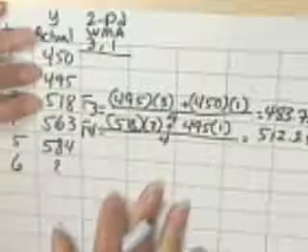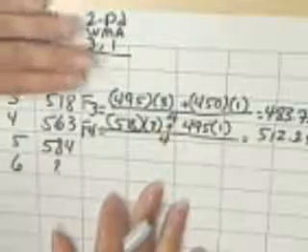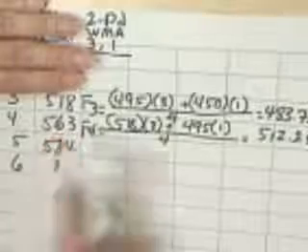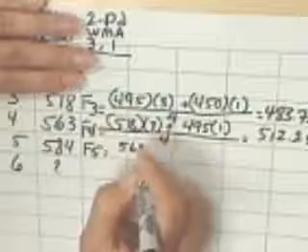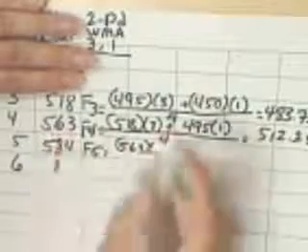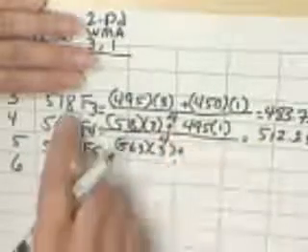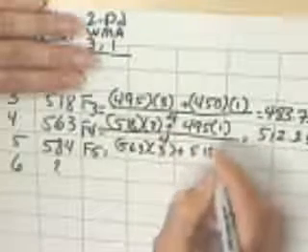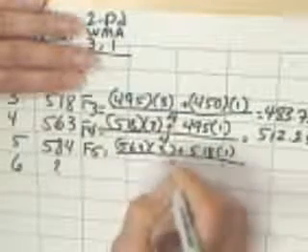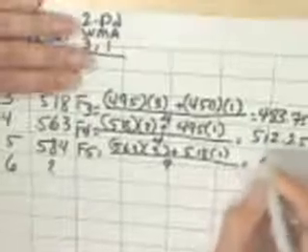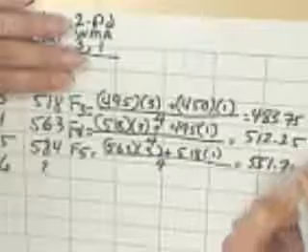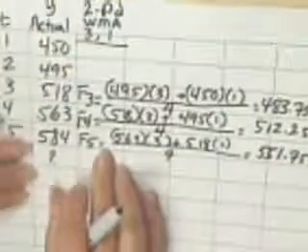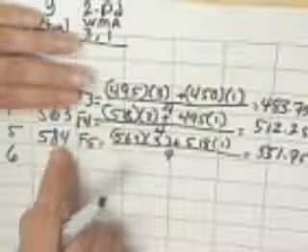and so that number gets to be 512.25. Again, you drop the old 495 out, you pick up the new 563, so F5 becomes 563 times 3 plus 518 times 1, divided by 4, and you get 551.75. Again, drop the 518 out and pick up the 584.